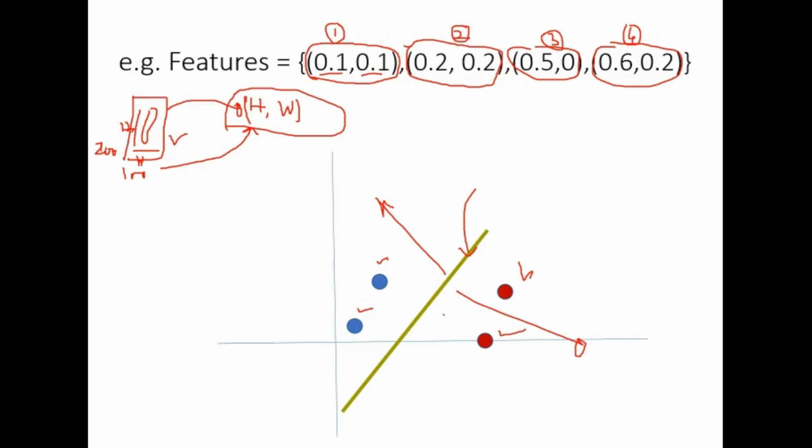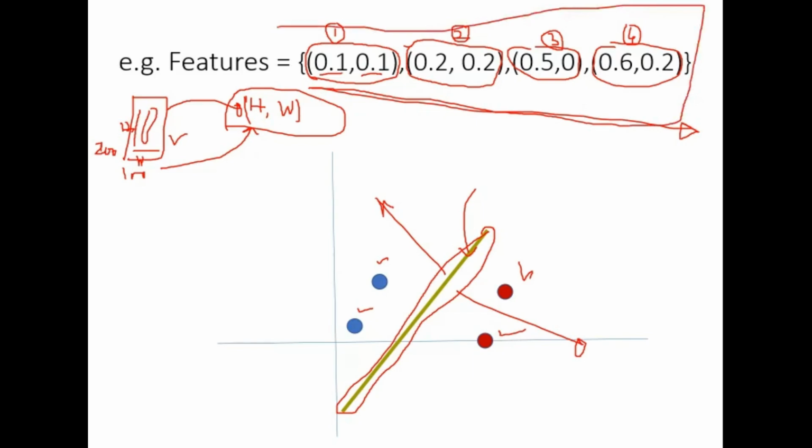This side is pen and this side is, say, maybe eraser. So this line drawn here is the outcome of processing this data by our learning algorithm. What the learning algorithm receives is these 4 feature vectors, and it tries to draw this demarcation boundary. That is the key behind any machine learning algorithm.